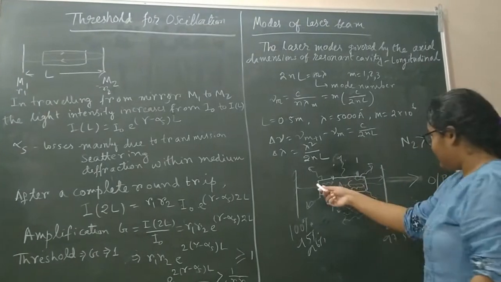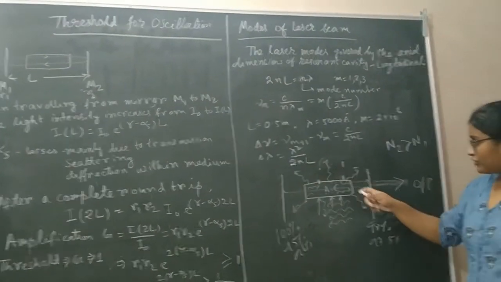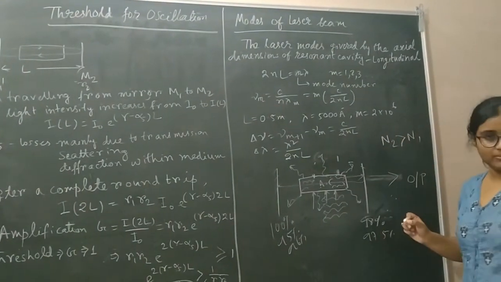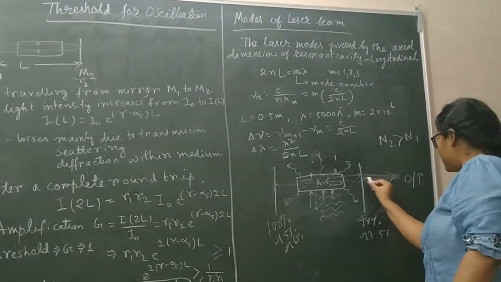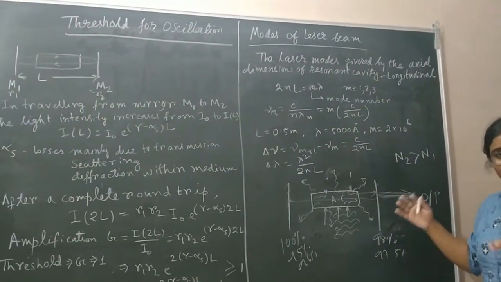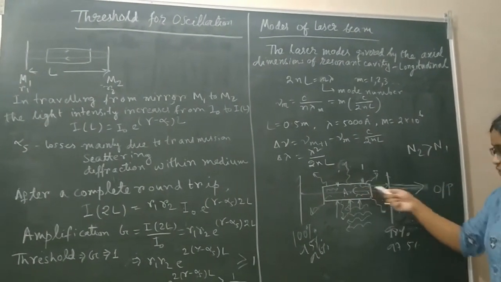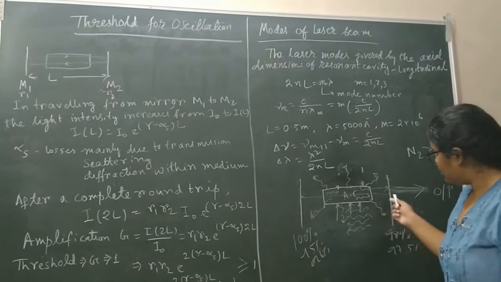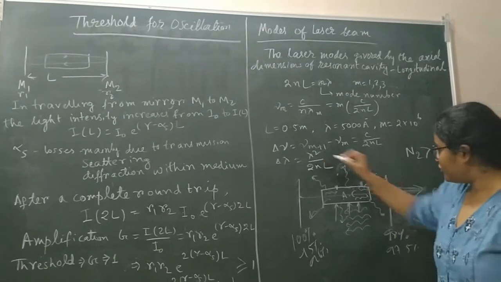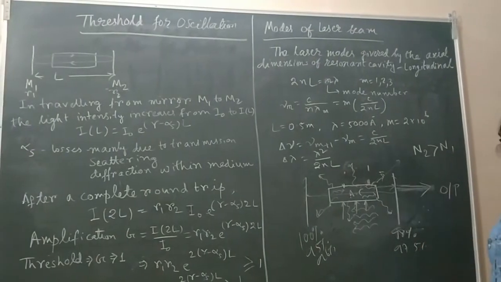We are basically collecting the unidirectional photons, those along the axis of the active medium, so our laser should be a unidirectional, coherent beam. Coherence I will come to at a later time. Only the on-axis photons can amplify, and the other photons will get out of the active medium or the resonator system.